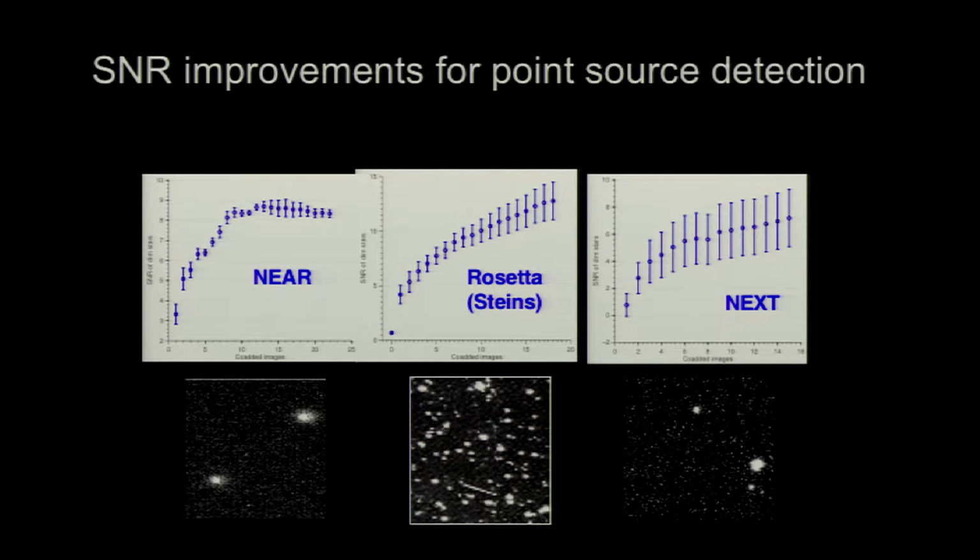This doesn't work if you have a bad pixel in your sensor. However, you coadd these images by aligning them, and you can improve your signal to noise. Basically, you get a square root of n improvement with n images. This is showing the technique done with different data sets. We want to do that because we have to be able to do more and more with instruments of a certain limited quality.